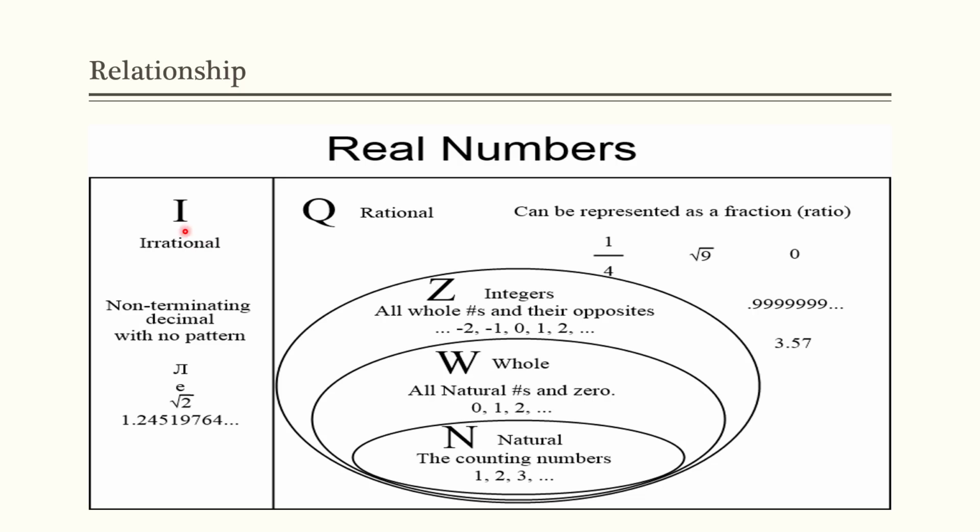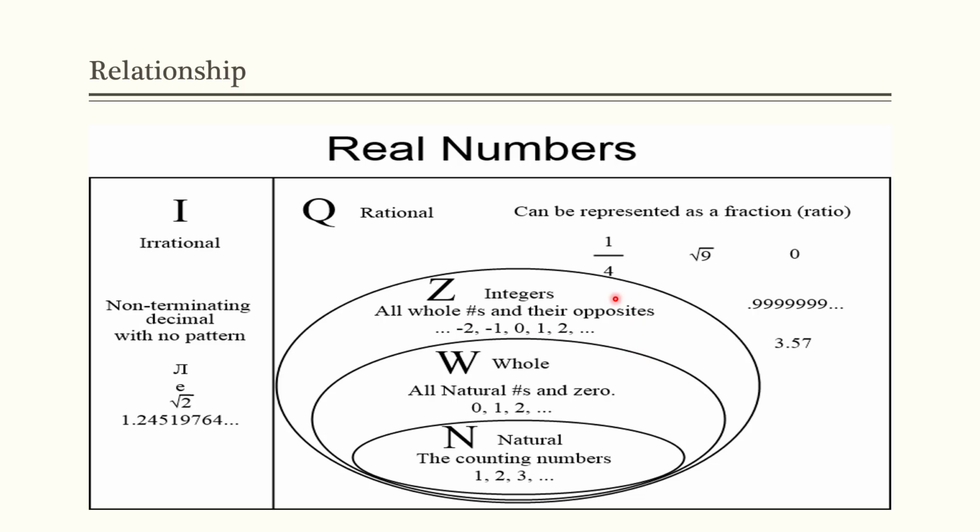The irrational numbers, as we have seen, are non-terminating and have no specific pattern, like e, pi, root 2. The rational numbers, as we have seen, can be represented as a fraction or a ratio of p over q. Now this whole set of rational numbers has subsets, like integers, which do not have any fractional part, like 0, 1, 2, minus 1, minus 2.